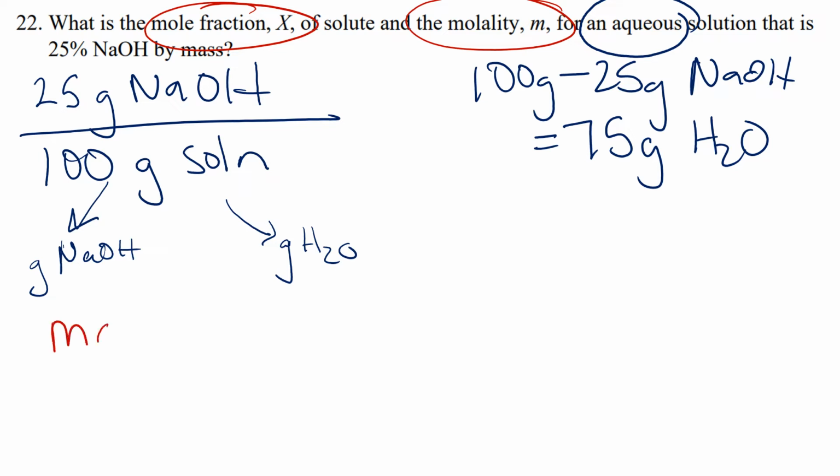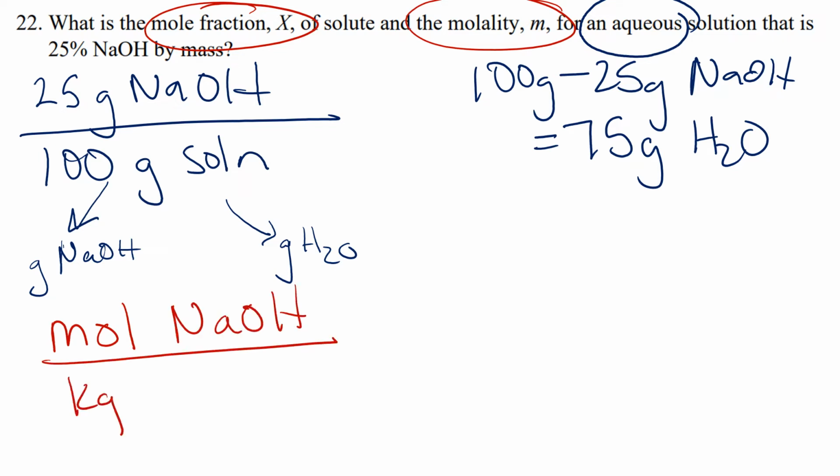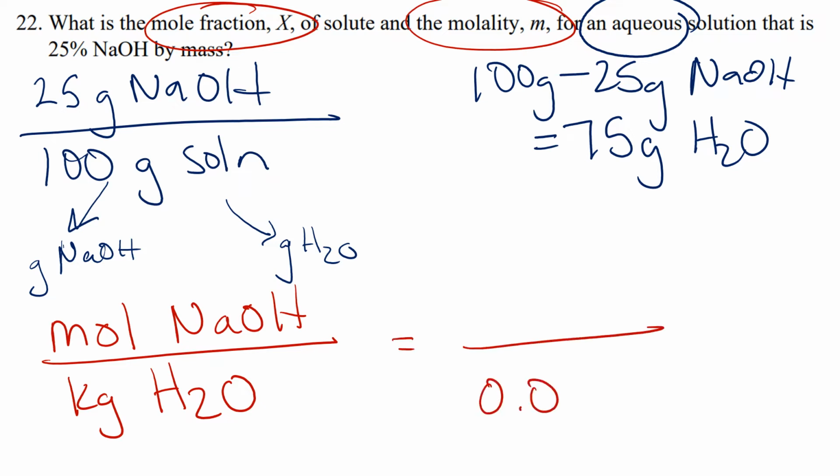Molality is going to be moles of NaOH divided by kilograms of H2O. And I can convert 75 grams to kilograms by dividing it by 1,000. So that's just going to be 0.075 kilograms. Now I need to get moles of NaOH. If I have 25 grams of NaOH, I can convert that to moles of NaOH by dividing it by the molecular weight.